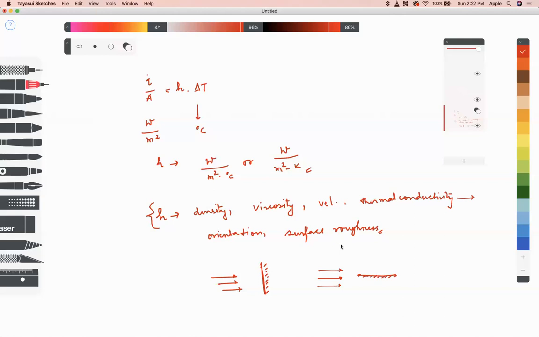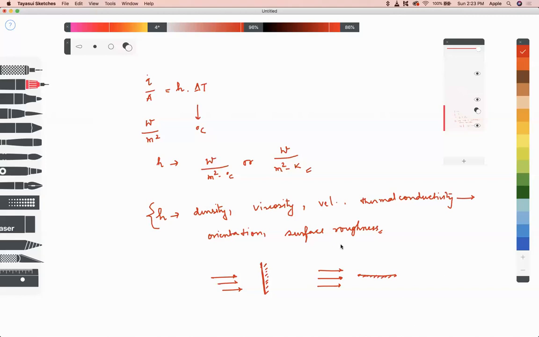So it's not so simple, until and unless in a numerical problem they give you the h value and tell you that it will be constant for whatever scenario. To be honest, when Newton initially proposed the law, he also assumed that h will be constant. Later on, over the years, people found out that it's such a complex parameter and that it does not remain constant, and with a slight change in any one of these parameters, the h value will vary drastically.